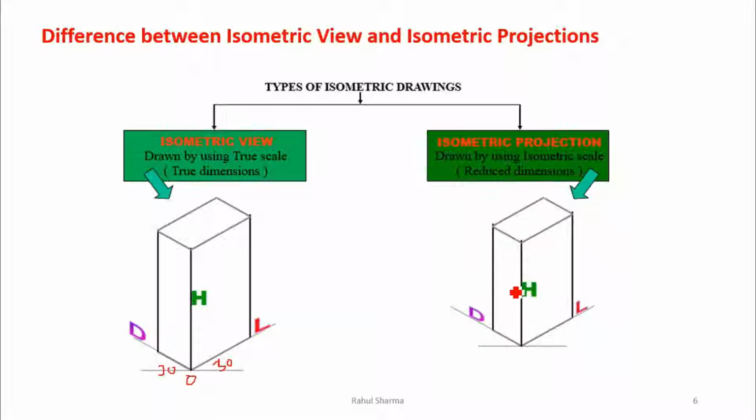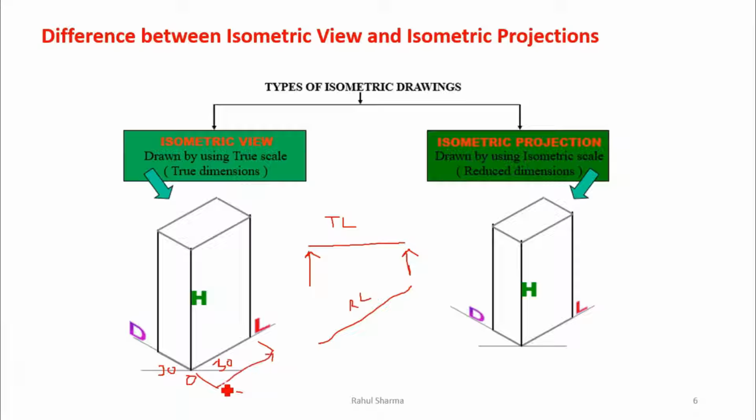I told you in the previous videos also, if a line is parallel to your eyes, you can see the true length of the line. We explained this in the projection of line chapter. When the line becomes inclined to your eyes, we cannot see the true length. It will give you the reduced length. Same concept here. When we tilt an object at 30 degrees, we cannot see its true length.